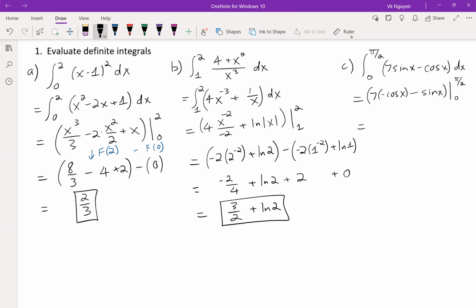Cosine of pi/2 is 0, so we have 7 times 0. Sine of pi/2 is 1, minus, cosine of 0 is 1, so 7 times -1, minus sine of 0, which is 0.